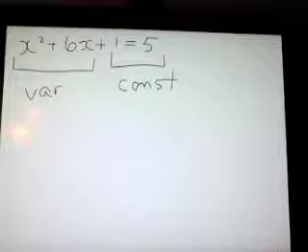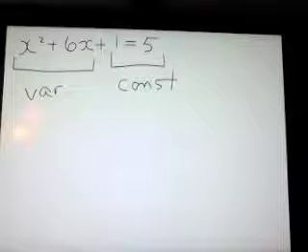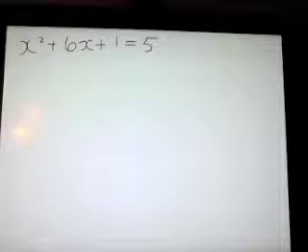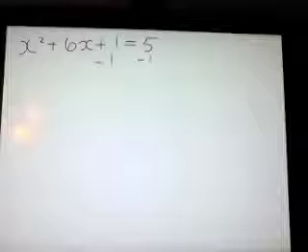We're going to end up moving terms from one side to the other. So first, we're going to move the 1 to the right-hand side. We're going to subtract 1 from both sides.